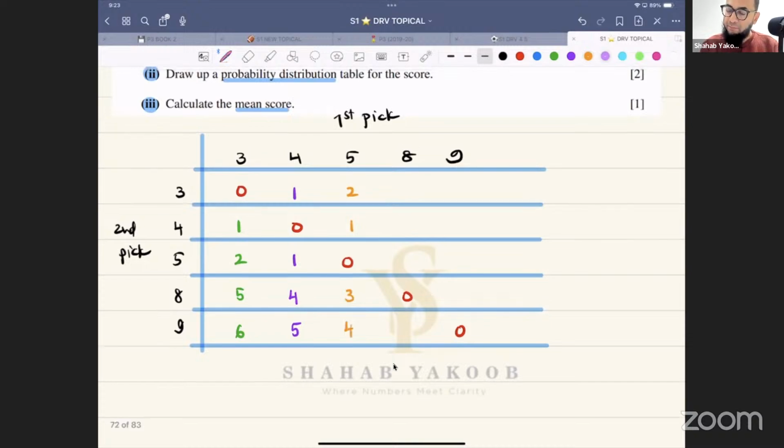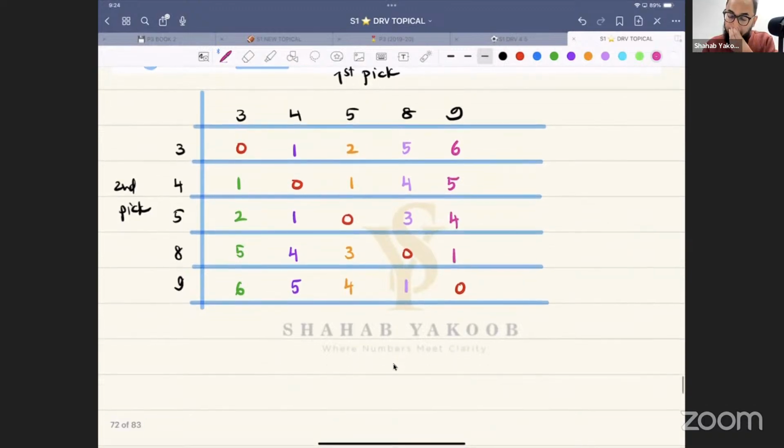And over here, 8, let me choose a color. 8 and 3 is 5, 8 and 4 is 4, 8 and 5 is 3, 8 and 9 is 1. Let me choose this one, 9 and 3 is 6, 9 and 4 is 5, and 9 and 5 is 4, 9 and 8 is 1, and this is a 0. Okay, so now this is all done.